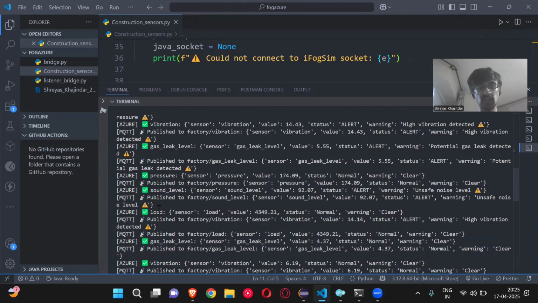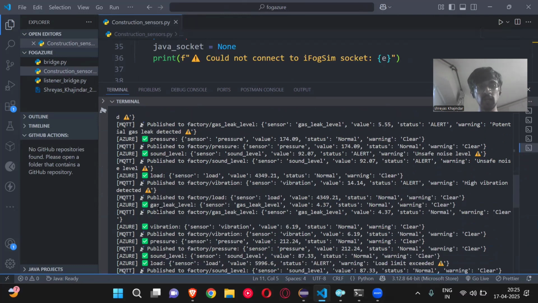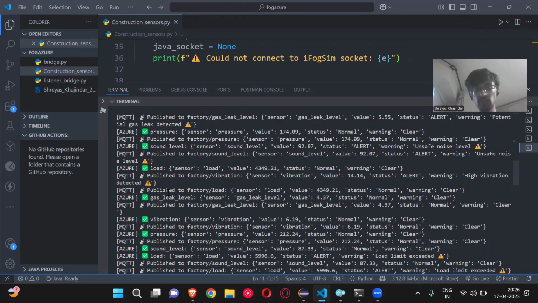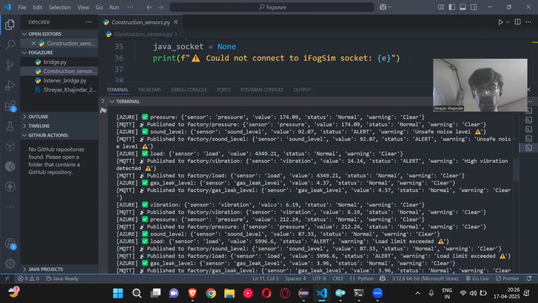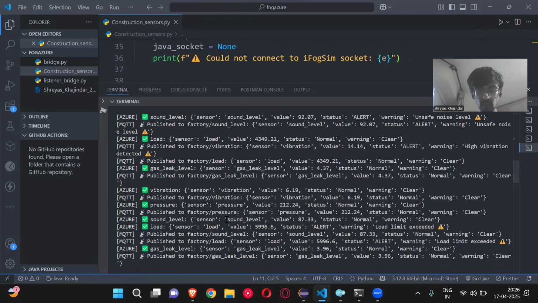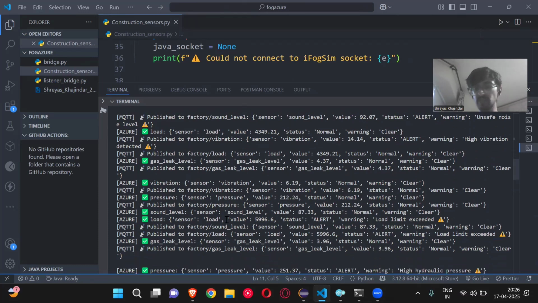All those five sensors are shown here. If the sensed value is below the predefined threshold value, it will say warning. If the value is higher than the predefined value, it will show the alert message.